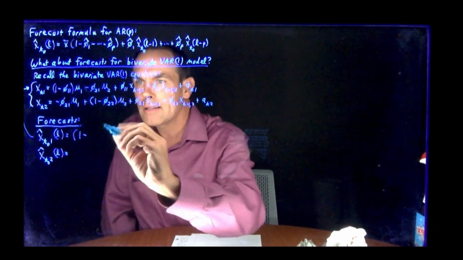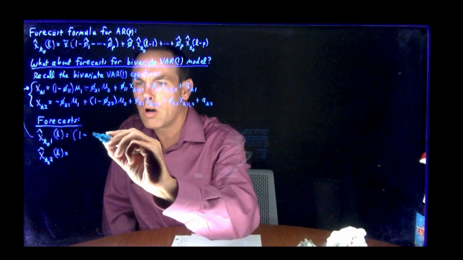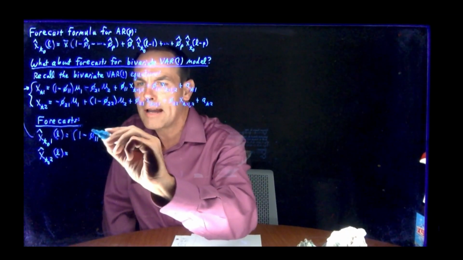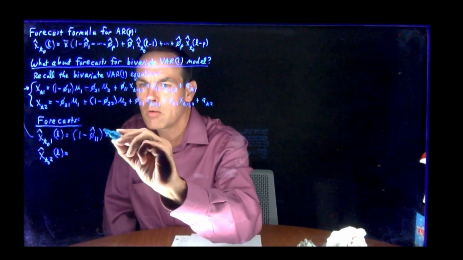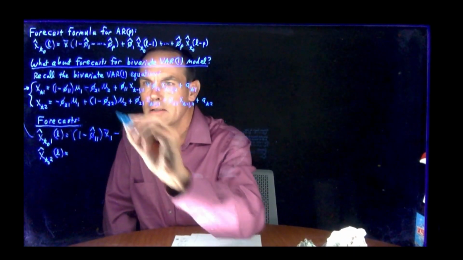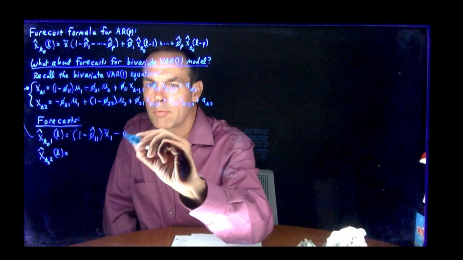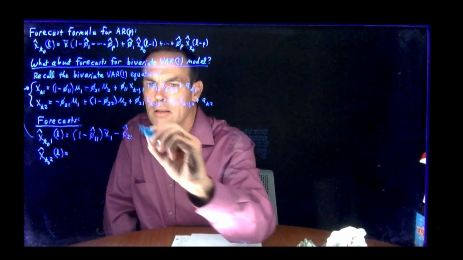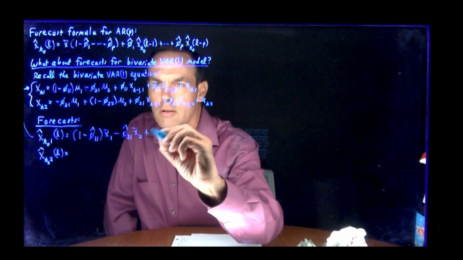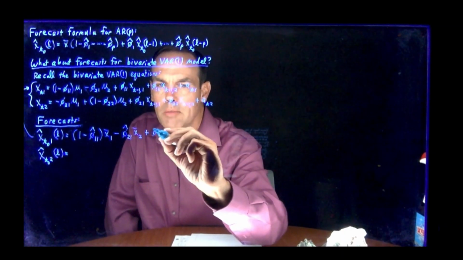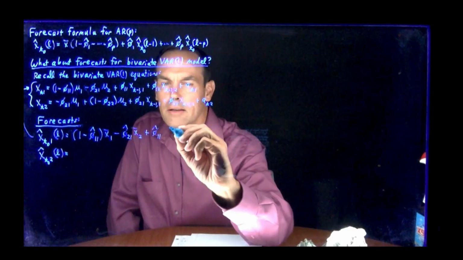So 1 minus, we'll replace phi 1,1 with phi 1,1 hat. We'll replace mu 1 with x bar 1 minus phi 2,1 will get replaced with phi 2,1 hat. Mu 2 will get replaced by x bar 2. Phi 1,1 will get replaced by phi 1,1 hat.